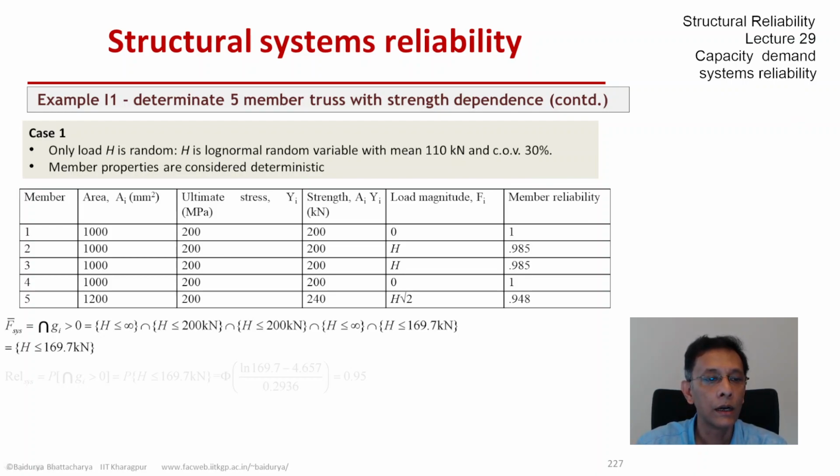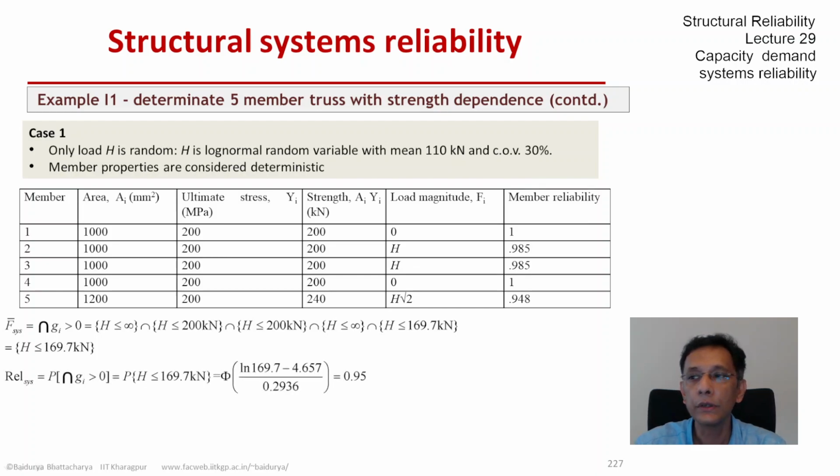And now we are able to introduce the log normal nature of H. We have been doing this sort of thing in element reliability computations, so we know that quite well, and the answer can be given in terms of the normal CDF evaluated at log of 169.7 minus the logarithmic mean divided by the logarithmic standard deviation, and the answer is 0.95.